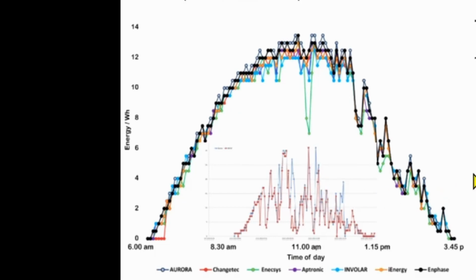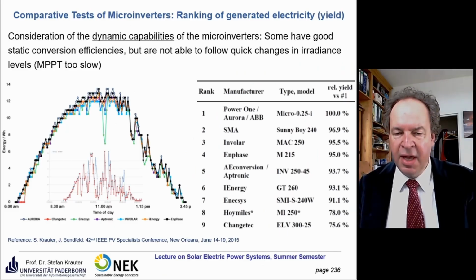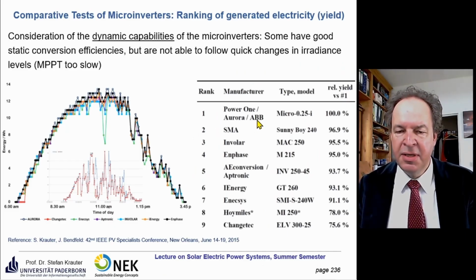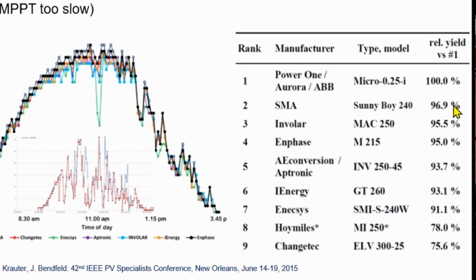And this led to the following ranking. The winner is the ABB inverter, which showed the maximum yield during a year. Second place SMA. You see the difference is quite high, especially if you go to the lower performing devices here.